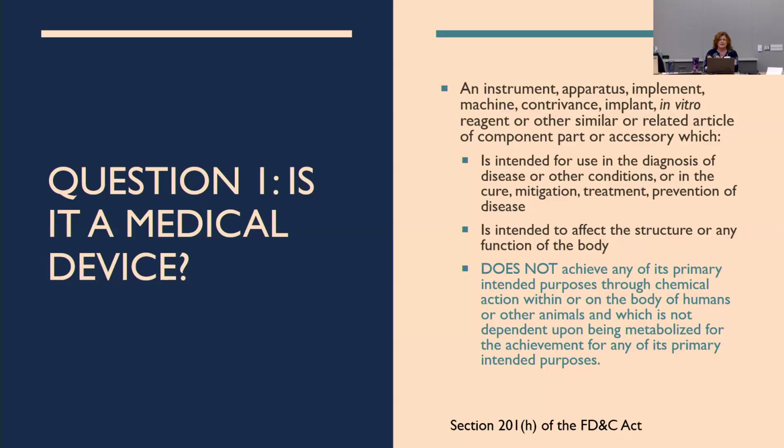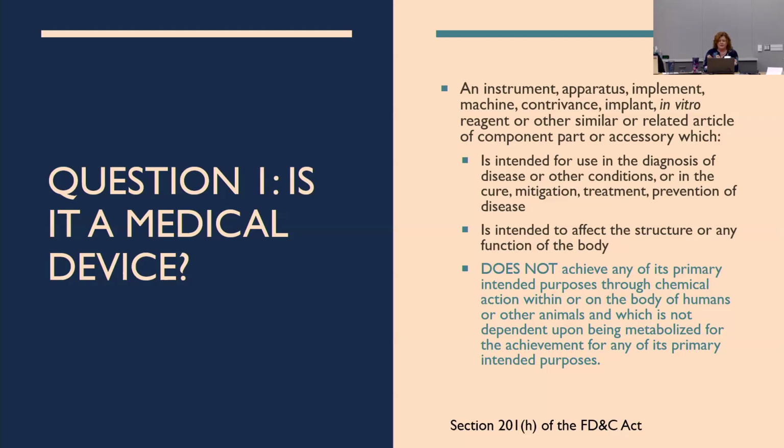Those are the key things that you need to consider. And then, is it intended to affect the structure or any function of the body? And then finally, what's highlighted in blue down there: its primary mode of action or intended purpose isn't through a chemical reaction within the body, so it isn't a drug. It's something else that does not need the human body to work effectively.